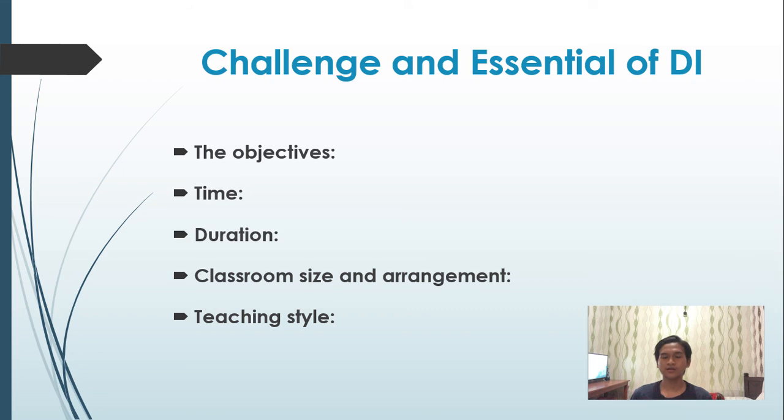Number three is duration. The other challenge is the duration when the students have to complete the activity or task given, because it can take a long time to complete, and also some activities or tasks given are less challenging for the student.